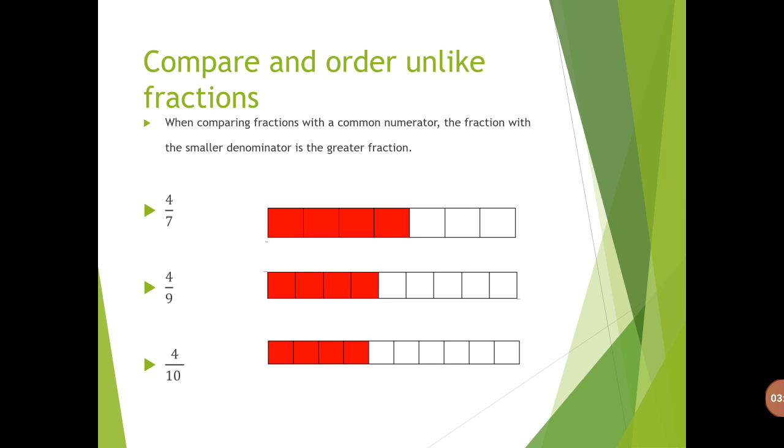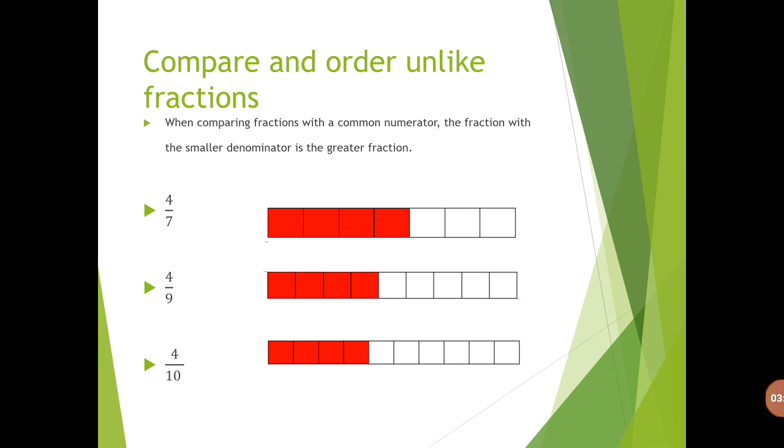In the second picture, the rectangular shape is divided into 9 equal parts in which 4 parts are colored. In the third rectangular shape, the total number of parts is 10 and 4 are colored.